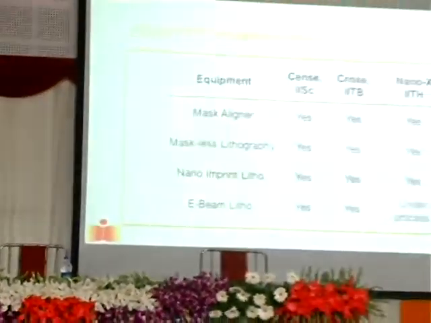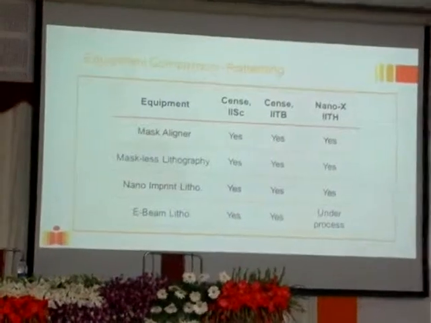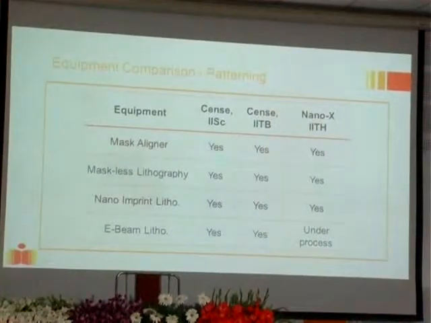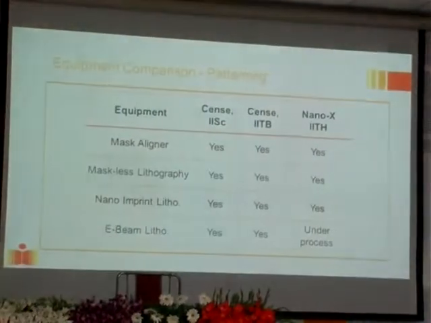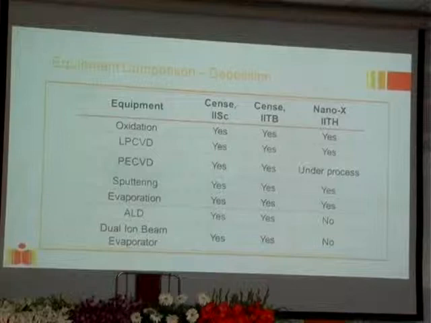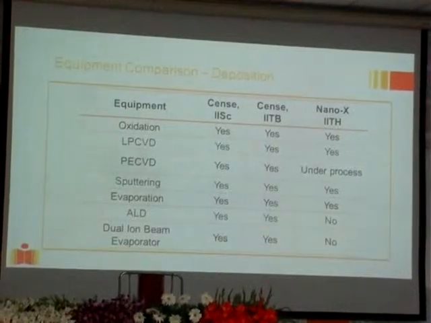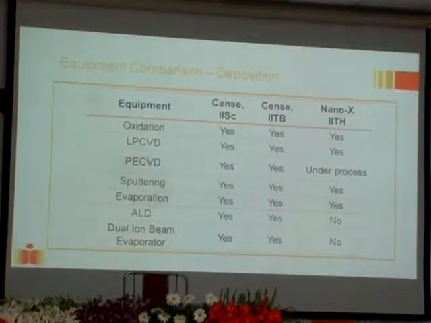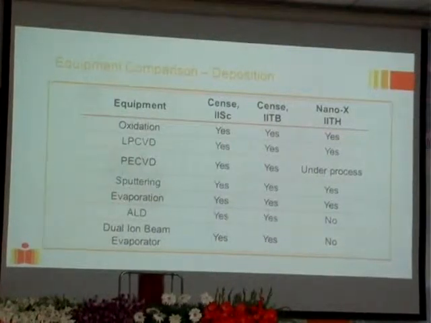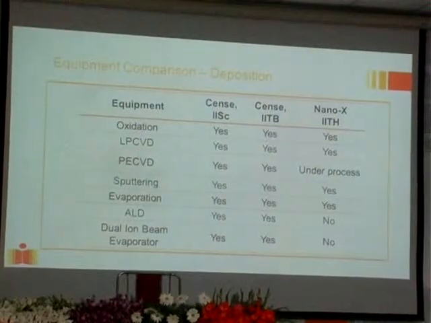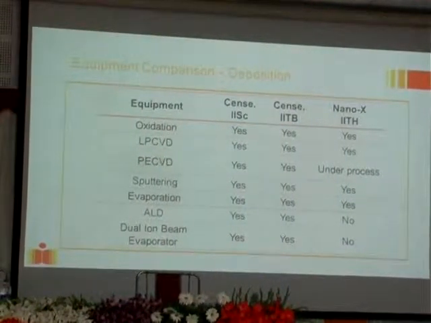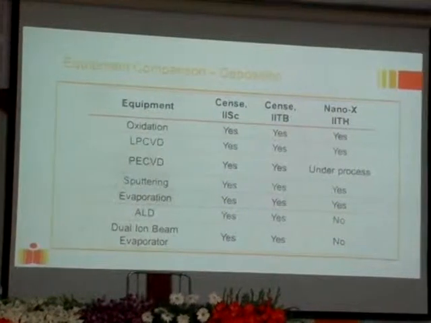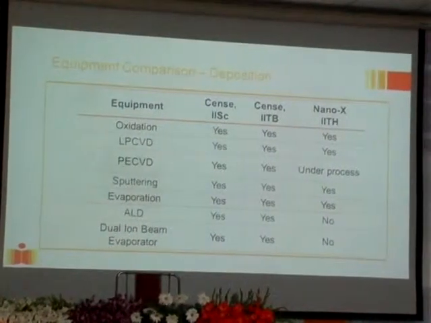If you compare a list of equipment, the basic equipment that are required for executing the fabrication steps, most of them are present at the Nano X facility in IIT Hyderabad. So these are all the state-of-the-art facilities that we need to design and develop any device that is possible. It's not only microelectronics. You can envisage MEMS devices. You can envisage sensor devices. You can envisage IR cameras. Anything that you want to do, the capability is there with us.